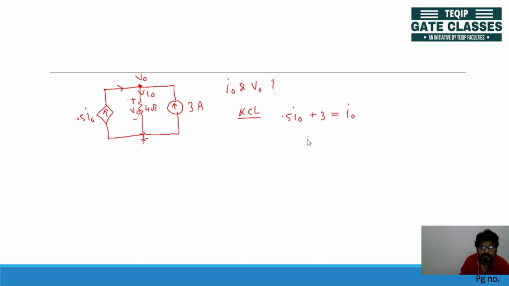So I0 minus 0.5 I0 is equal to 3, so I0 is equal to 6 ampere. Next is V0. V0 we all know by Ohm's law. I0 is entering the positive terminal, so V0 will be equal to I0 into 4 ohm, that is 6 into 4, that is 24 volt. Very simple.